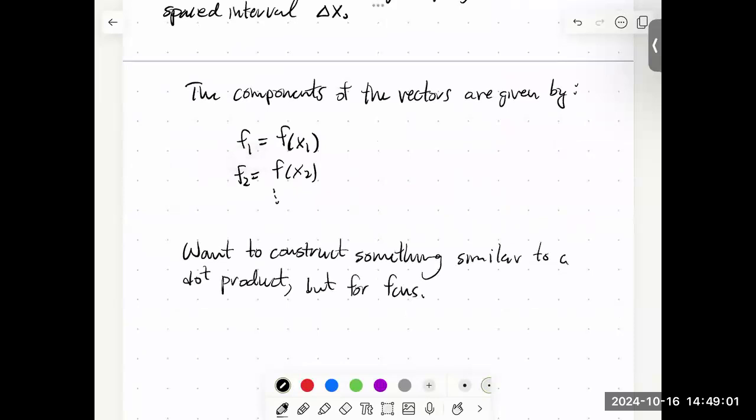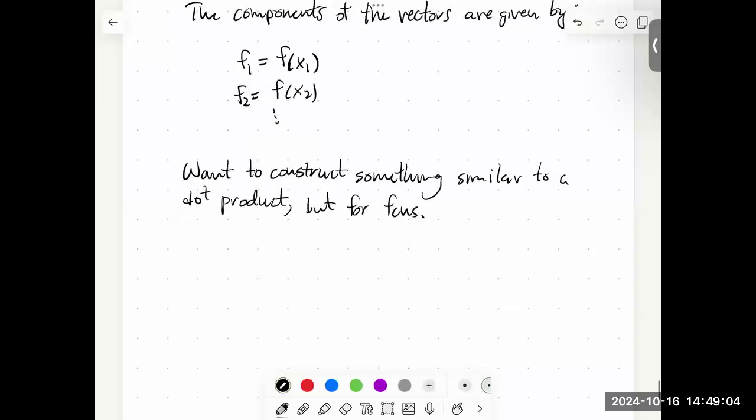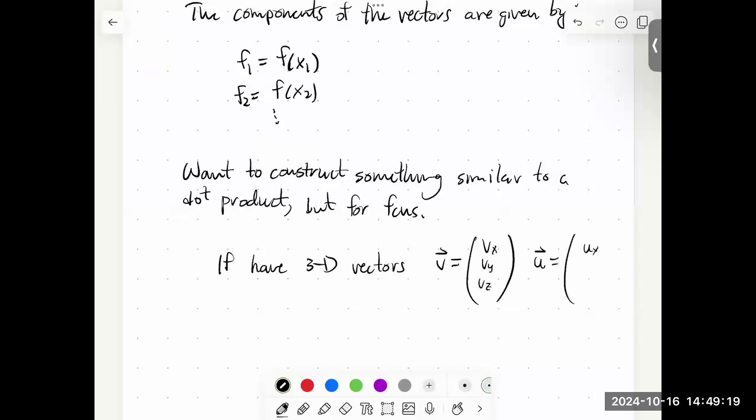So let's think about the dot product. If we have some 3D vectors, one vector has an x, a y, and a z component, and another vector has its own x, y, and z components.